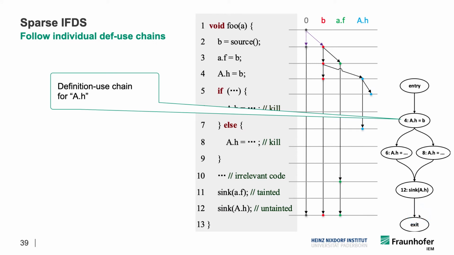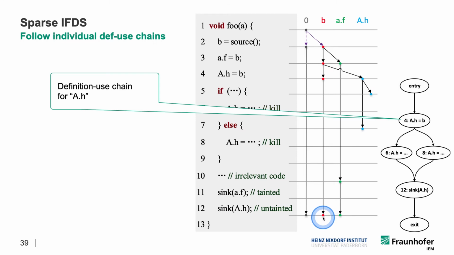And now, like I said, in actuality, you're basically following these def-use chains here. But what this means in terms of the control flow graph and also in terms of the exploded supergraph that we know from IFDS is what you see depicted here, right? So basically it means that for the def-use chain of B, for instance, only this node here is actually contained in the graph, and then basically nothing anymore, right?